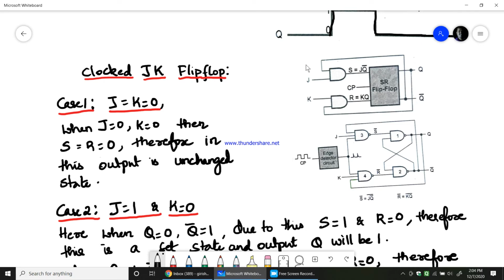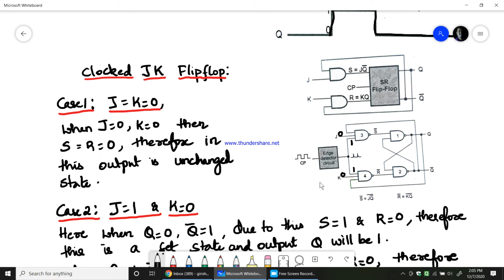In case 1, when both J and K are 0, 0, for example, J is 0, K is 0. Initially a clock pulse will be given, so at the first positive clock pulse both will become 1, 1.